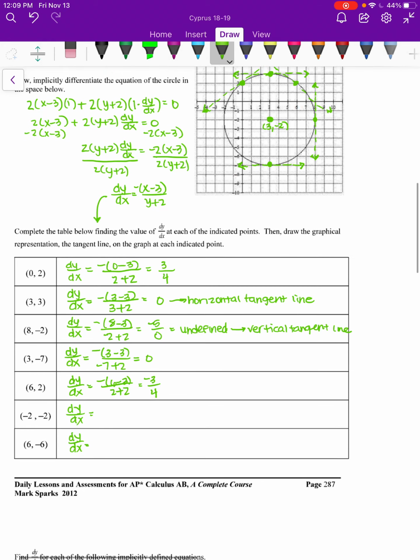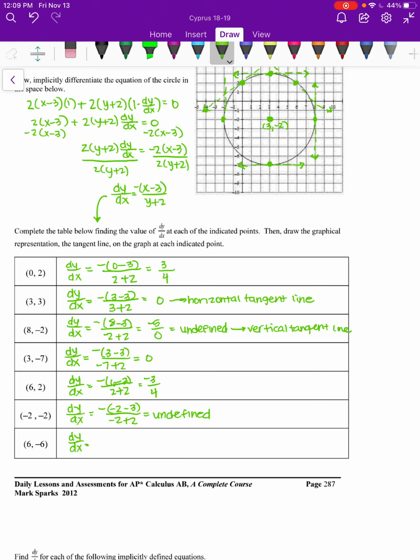Right there, we have -2 minus 3 over -2 plus 2, which is undefined. So at -2, -2, which is over here on the left side, we have another vertical tangent line.